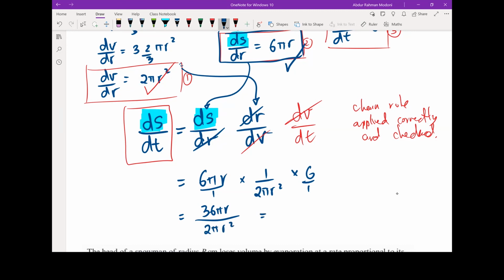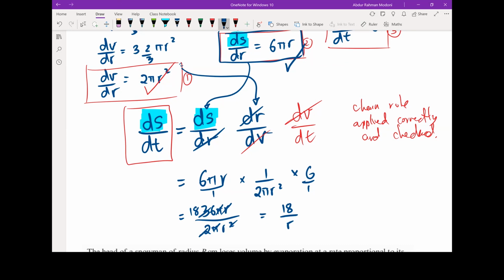Simplifying this, we divide by pi on the numerator and denominator, and divide by 2 on the numerator and denominator results in 18, and divide by r on the numerator and denominator results in that happening. So we end up with 18 over r.